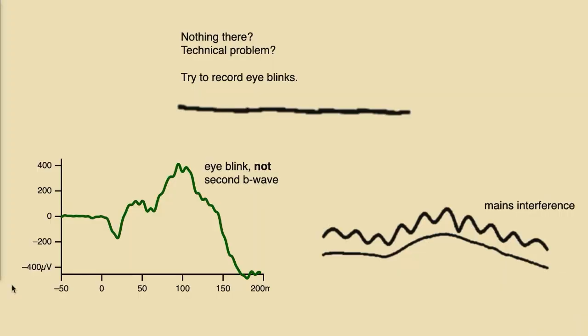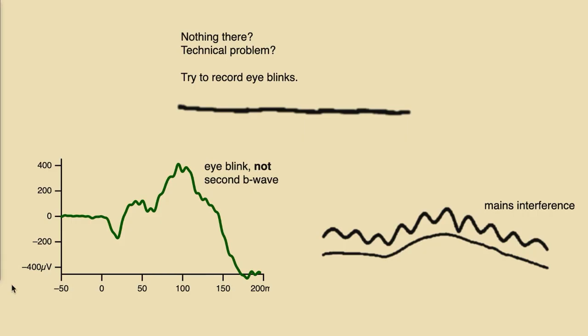And so what we see here is an ERG trace, moderate flash strength probably, and that would be the same signal but also with a mains interference.